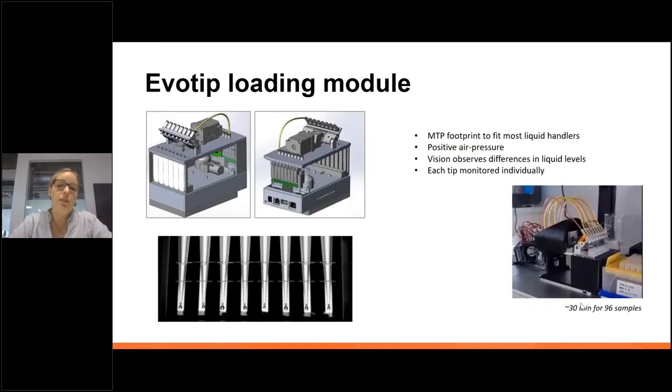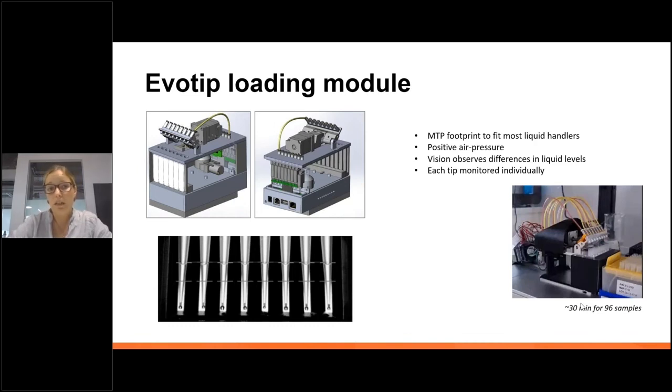So the next step would then be to integrate the Evosep loading, because if we can effectively transfer the peptides onto the Evosep as soon as the digestion has been quenched, we can hopefully store the peptides better. So we designed an Evosep loading module, which has an MTP footprint, so it should be able to fit most liquid handlers.